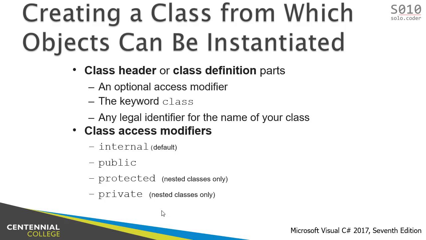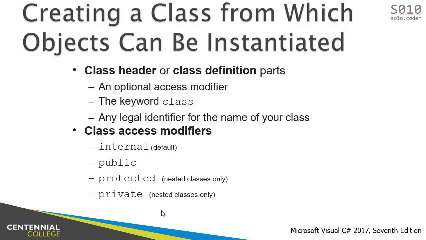For now, one single level of classes is good enough. So let's forget about those two for a second. They are only applicable for classes inside classes, and enough of that. Let's just have one level of classes here.